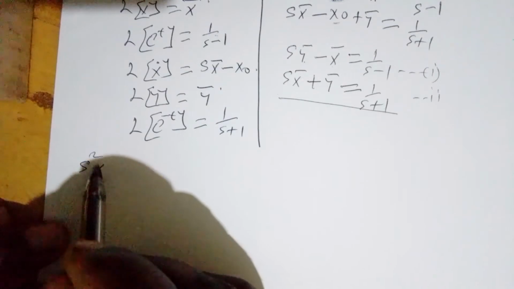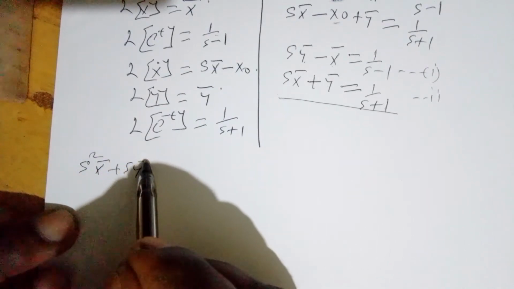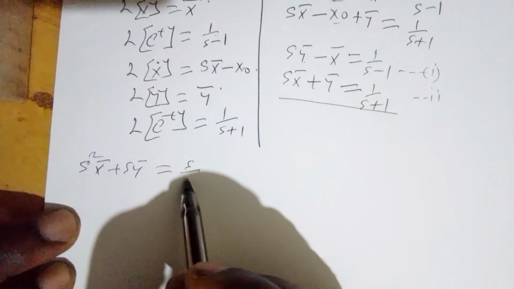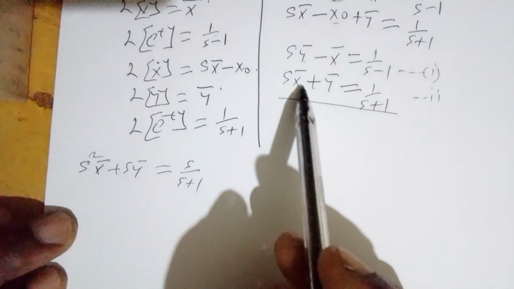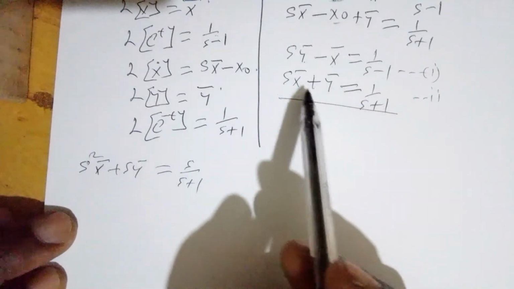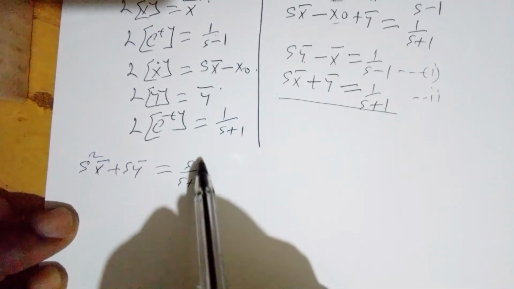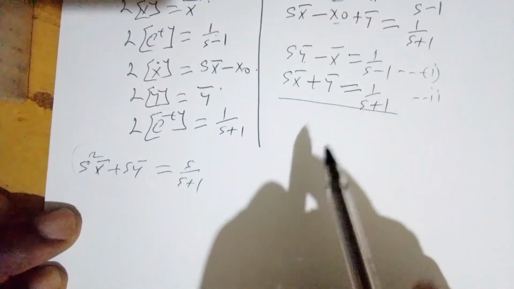So let's multiply through the second equation by s, so that we have s squared x bar plus s y bar equals s over s plus 1. Then we shall take this equation minus the first equation.